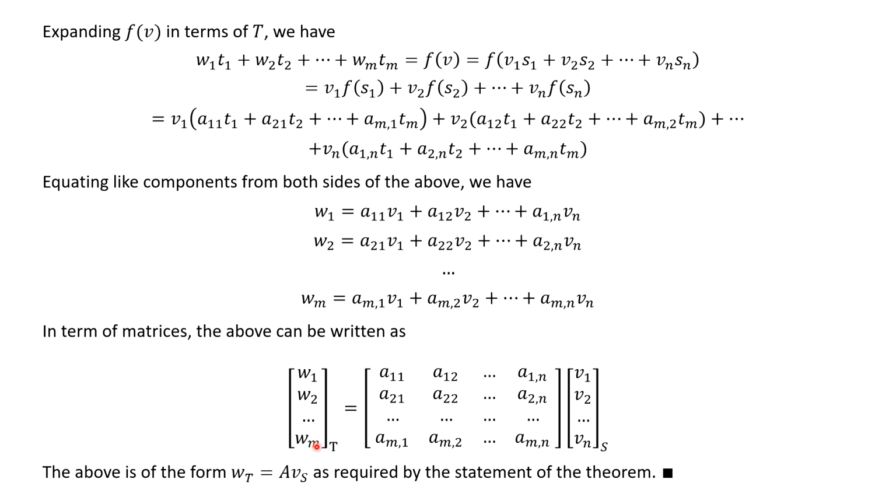So that proves our theorem. We have w represented in terms of the basis T equals A times v represented in terms of the basis S. So in every case, if we have a homomorphism from one finite vector space to another, using the procedure that we've talked about, we can create a matrix that will give us the same output as applying the linear transformation.